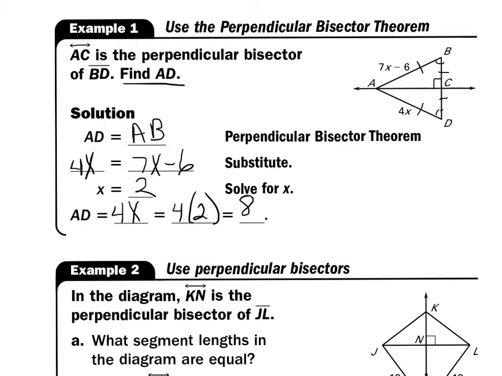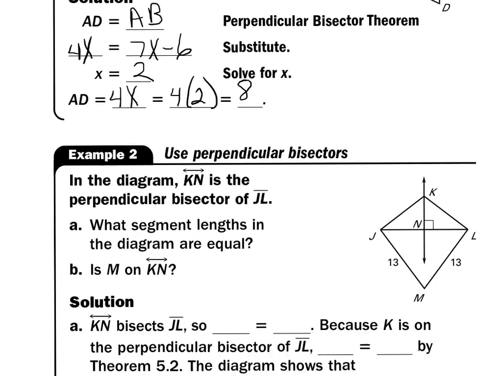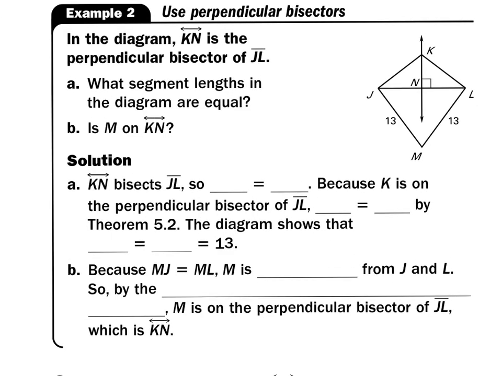Okay, example 2. Use perpendicular bisectors. In the diagram, KN is a perpendicular bisector of JL. So this equals that, this equals that. What segment lengths in the diagram are equal? Well, we know that KN bisects JL, so NJ is NL.